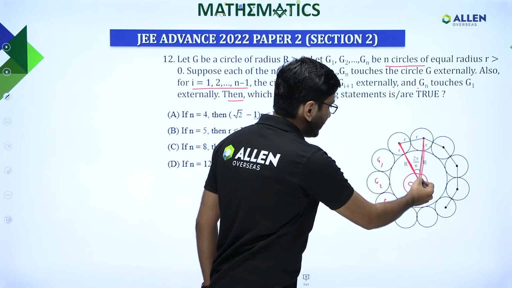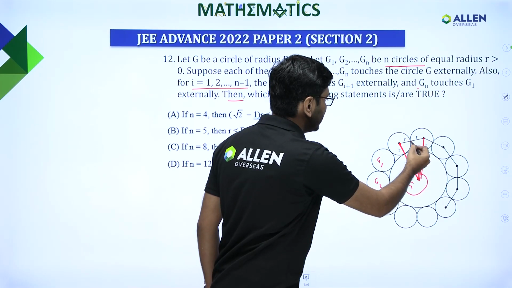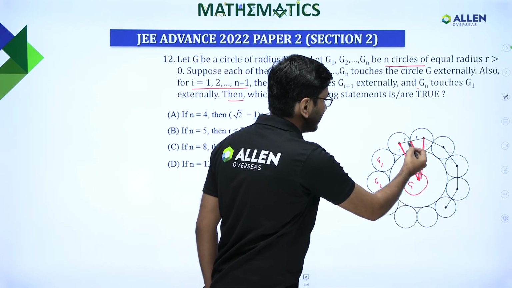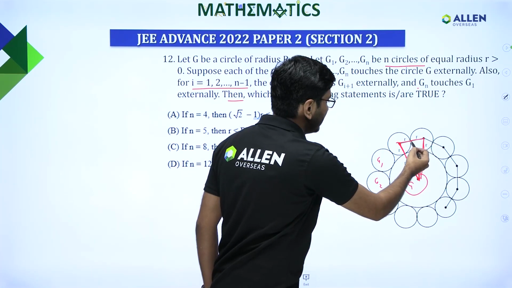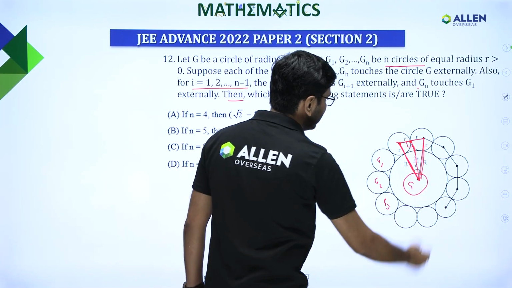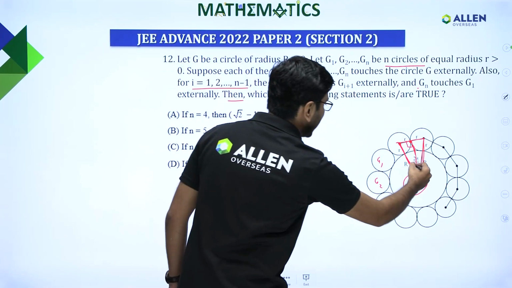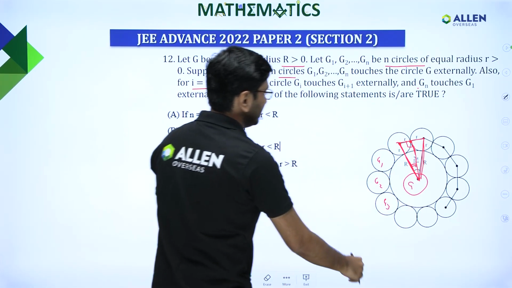And suppose I draw a perpendicular from here like this, then definitely it will be the midpoint of the intersection of these two circles. So, here I will get a right angle triangle. In that right angle triangle, the angle will now be pi by n.